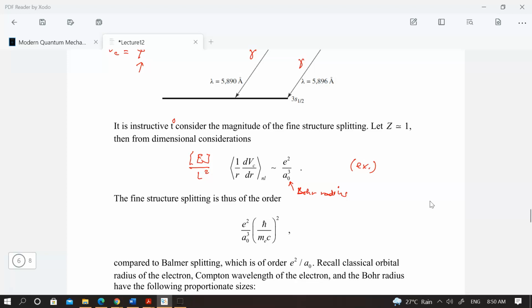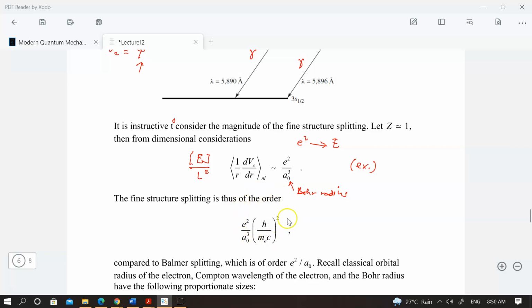Okay, but if you have problem how to do this, just let me know. But you do have to convert this, your e squared goes in terms of your energy. So in the end what we'll have is that your fine structure splitting coming from the spin orbit interaction will be of this particular form.